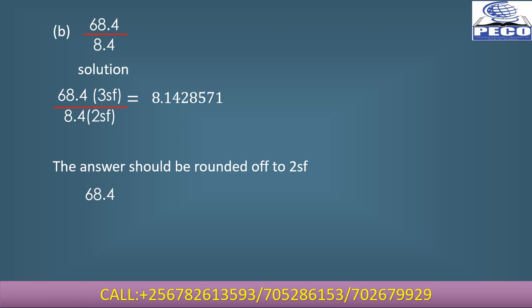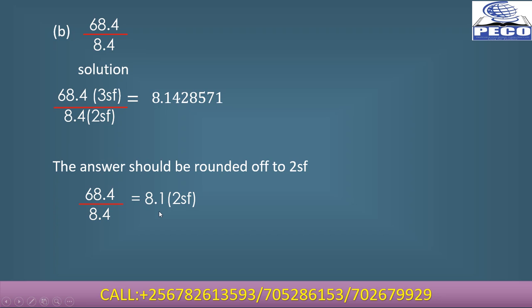So when we divide, instead of writing completely like this, we shall just write 8.1, because again, when you look at this one, it is 4, which is less than 5. So we shall just drop all these others and leave this as 8.1. So remember that, look at which one takes the lowest, and you round off the final answer to the lowest number of significant figures.